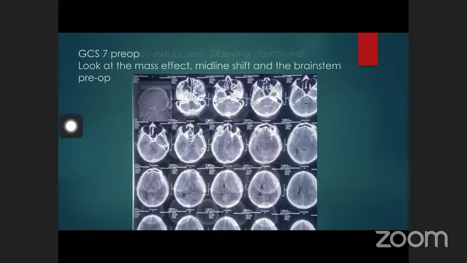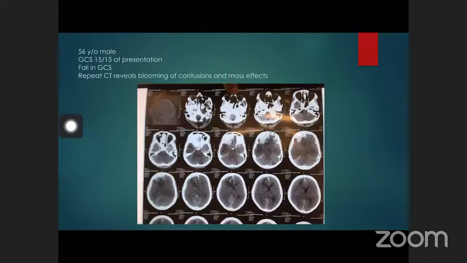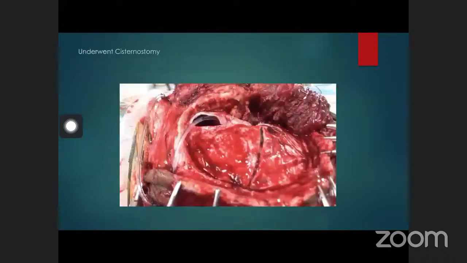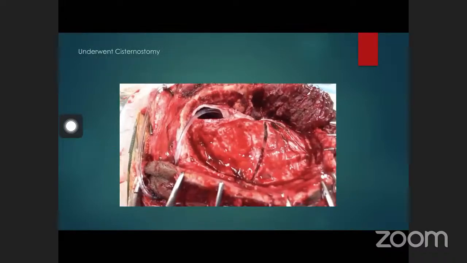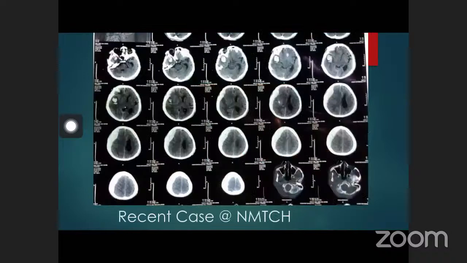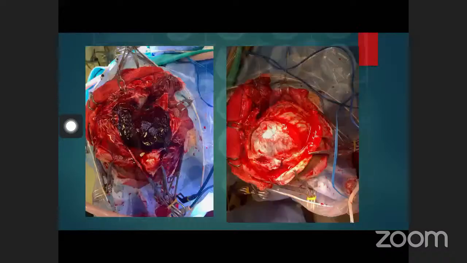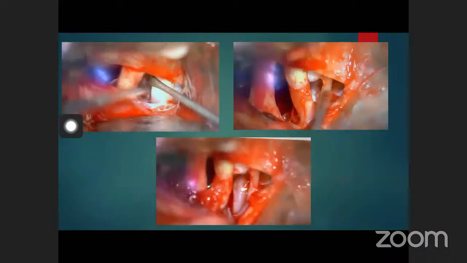Another case, acute subdural, post-op, acute subdural. See the space that you have after cisternostomy. Another one. See the brain. And this is my boy, the boy whom I have trained in cisternostomy.